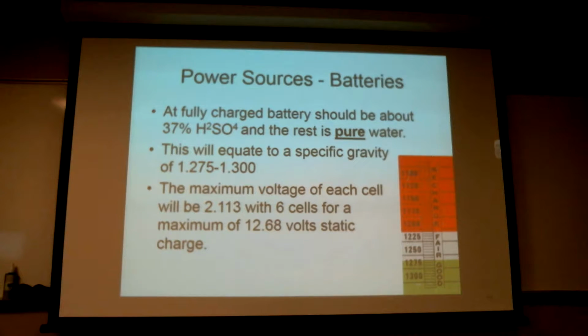Lithium polymer batteries are quite a bit different. Instead of being 2.13 per cell, they're more like about 3.10 per cell. And for this reason, they also have very different internal resistances. This is why we never mix battery chargers with different types of batteries. You can make for a real mess.